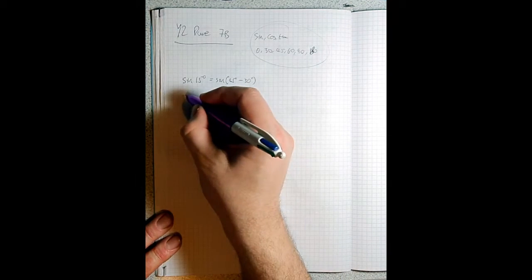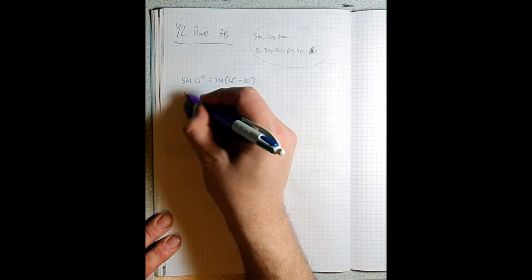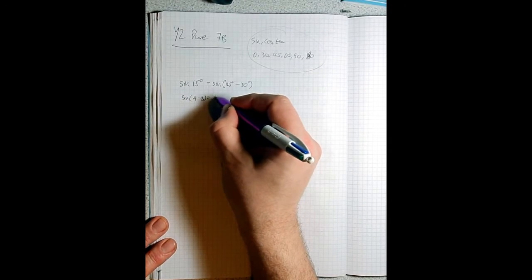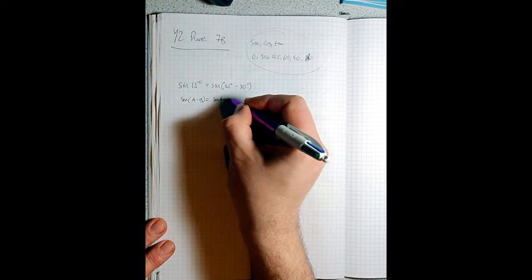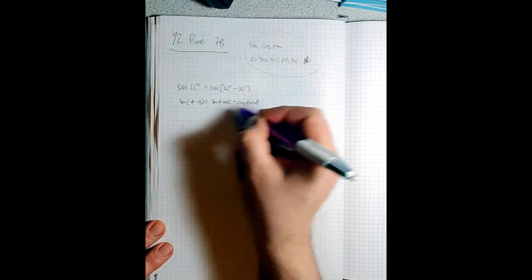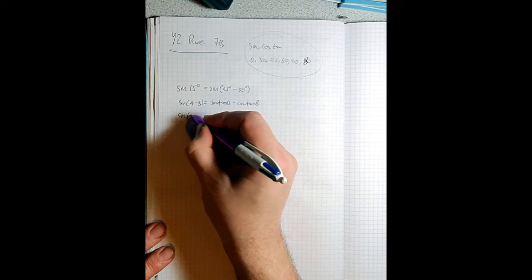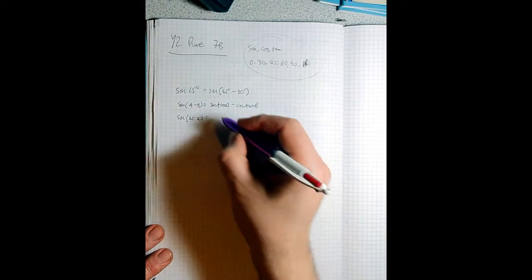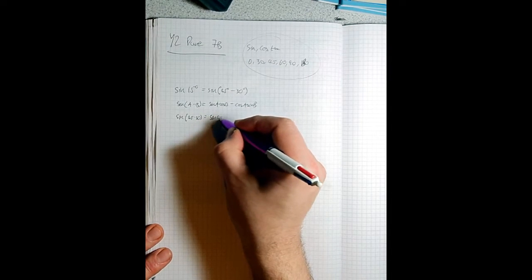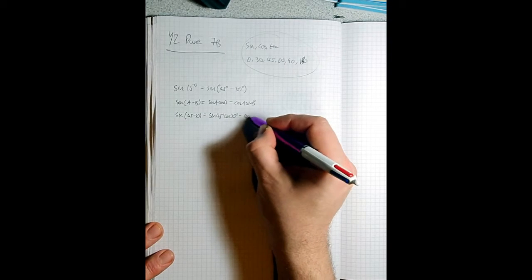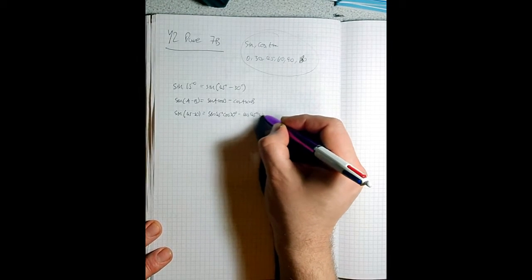I'm going to use sine (A minus B) equals sine A cos B minus cos A sine B. So sine of 45 minus 30 degrees will be sine 45 cos 30 minus cos 45 sine 30.